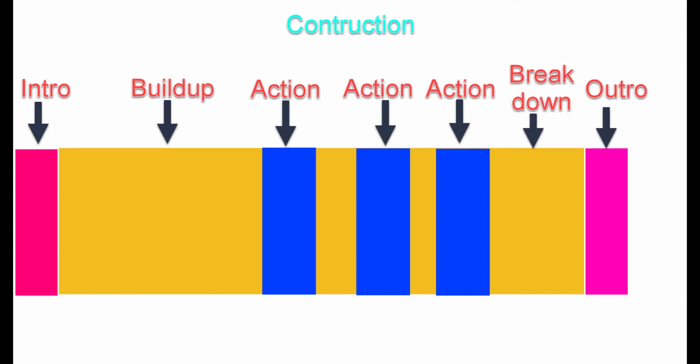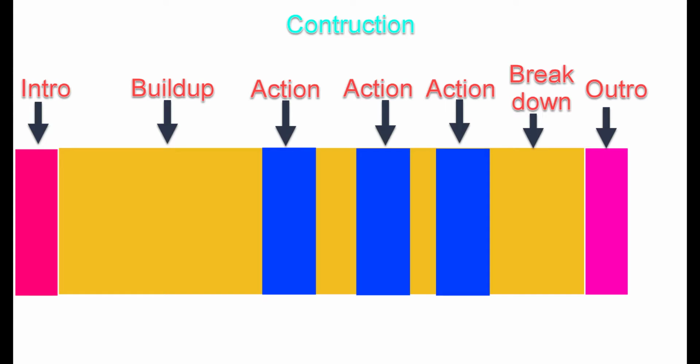You don't want to have it like it's shown in this graph, where the build up is crazy long. Now maybe in a particular video you can't help that because it's a waiting game for the action to happen, but try to keep this as short as possible, because as you'll discover in a minute on the next part about attention span, it's really important that we keep the attention of the viewer so that they don't switch off and just go to another video somewhere else.